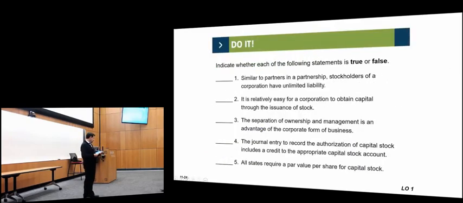Before we do that, let's do this. Indicate whether each of the following statements is true or false. Similar to partners in a partnership, stockholders of the corporation have unlimited liability. It is relatively easy for a corporation to obtain capital through the issuance of stock.